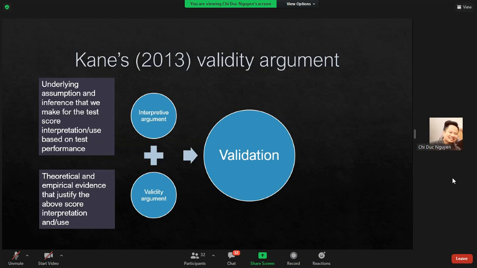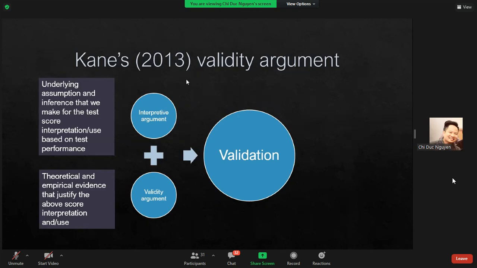Okay, so validity argument says that if you want to say for sure that your decision is plausible, you have to spell out all the underlying assumptions. And of course, we have different kinds of assumptions in this case. The first assumption that I might have is that the test score truly reflects the student's ability. Okay, so that is the underlying assumption.